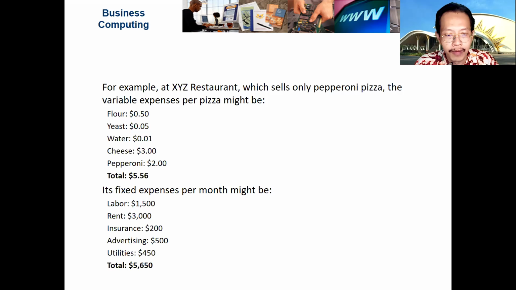But the variable cost would only come out if you make a product. For instance, for pizza, you would be using flour, yeast, water, cheese, and pepperoni. And then this would be counted per item, per unit.